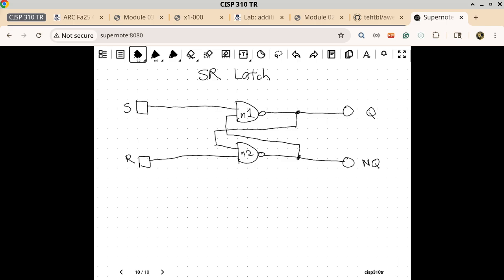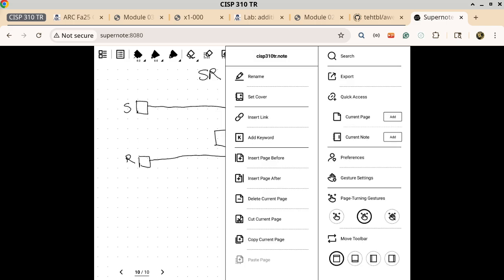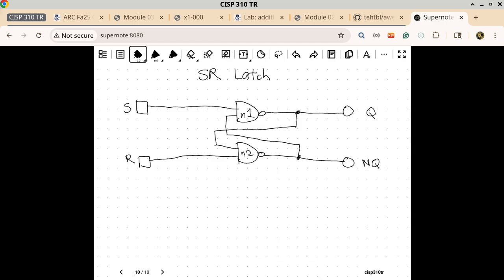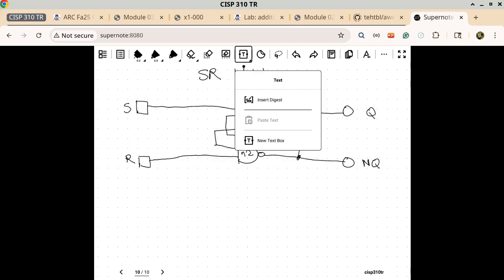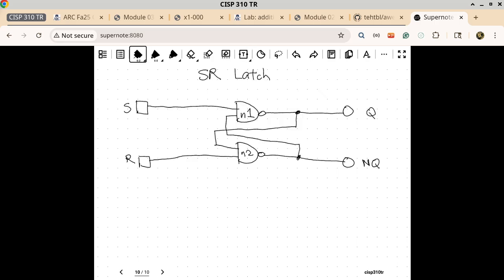Let me see if I can make additional layers. I don't think that is possible with this tool. Doesn't look like I can make additional layers. Hmm, no, I don't think any one of these is, what is this? Nope. Okay, well, I can still make it work.